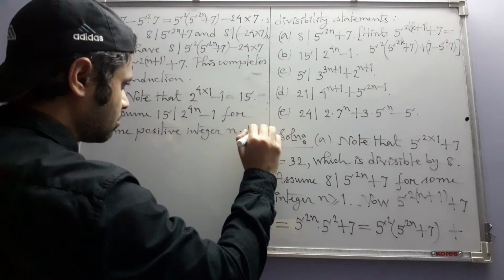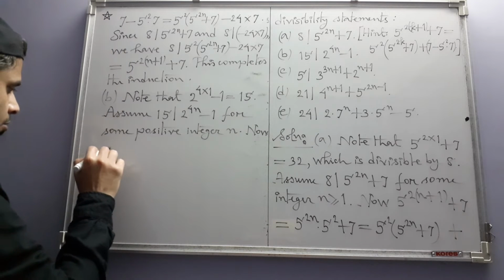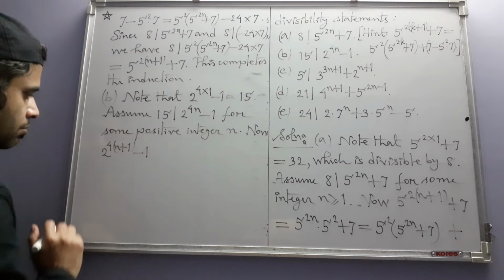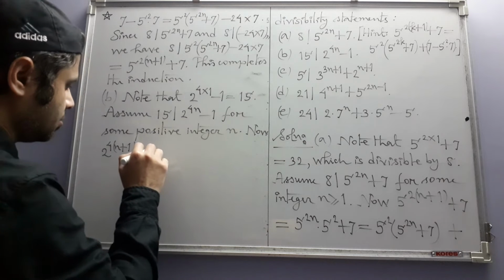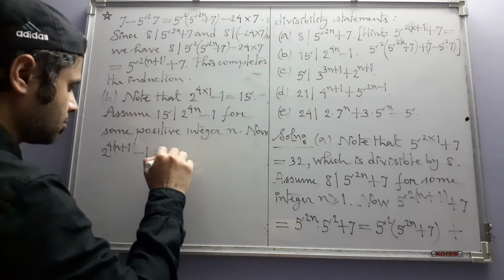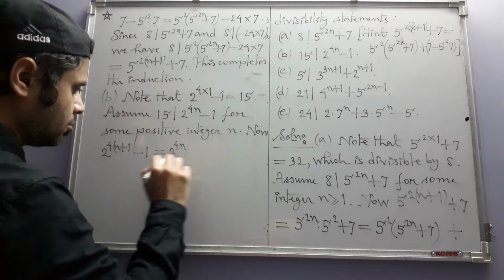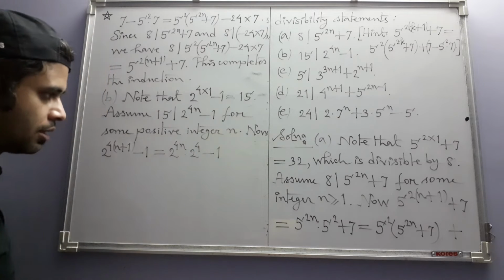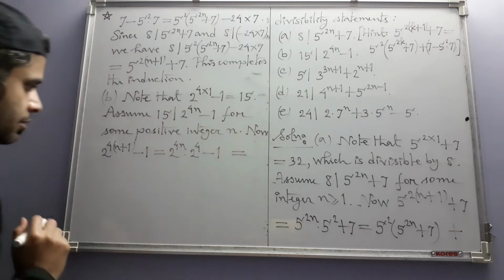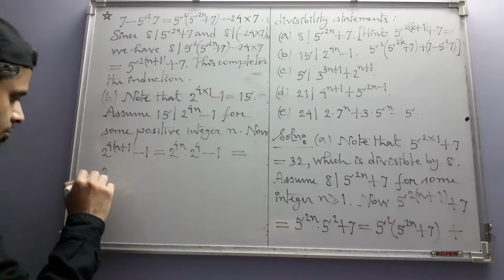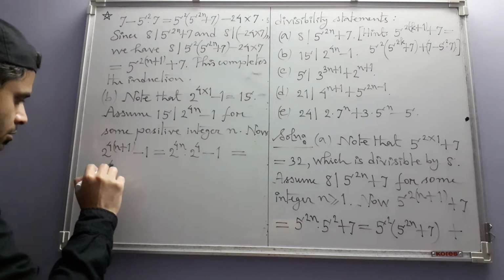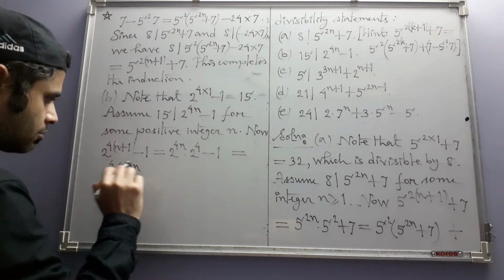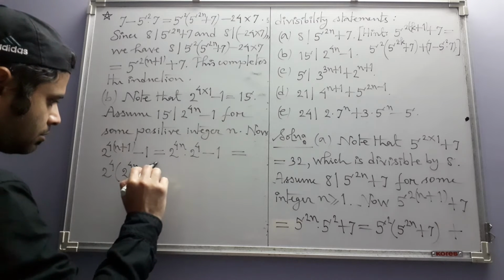Now we'll look at this expression, putting n plus 1 in place of n. This becomes 2 to the power 4n times 2 to the power 4 minus 1, and this can be written as 2 to the power 4 times 2 to the power 4n minus 1.